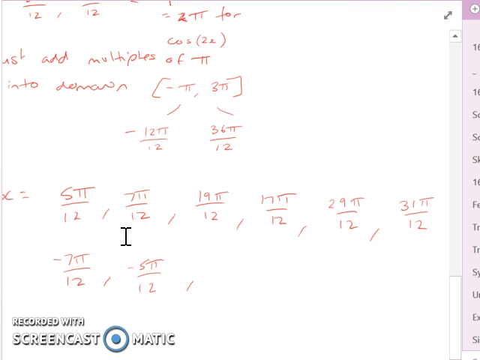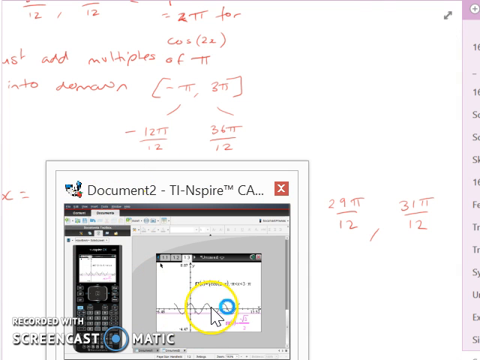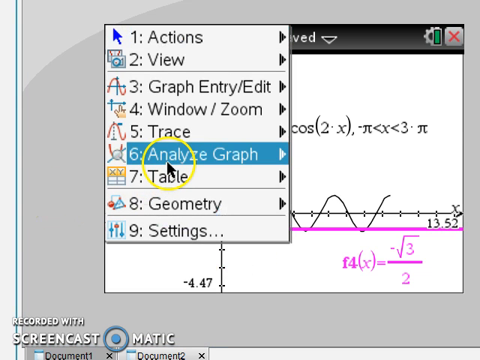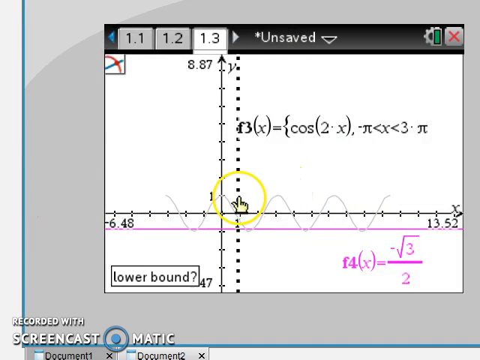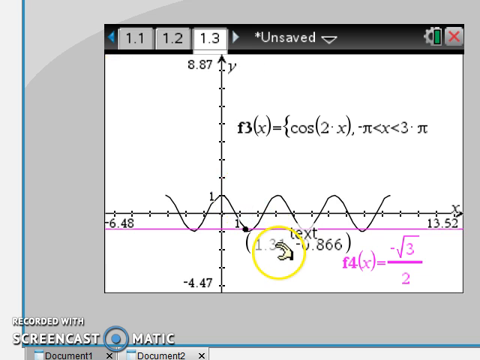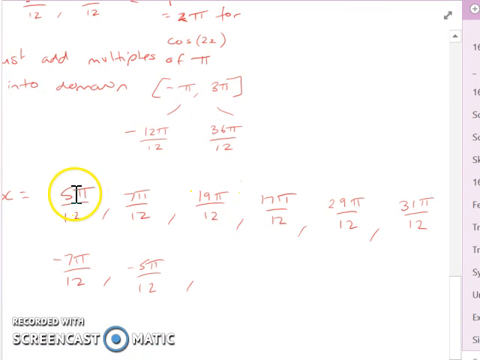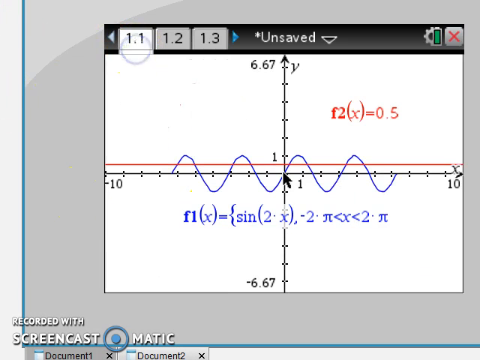Okay? Why do we get the 17 pi on 12? The 17 pi on 12 would be the 5 pi on 12 value plus 12 pi on 12, so plus the period. Because if you just zoom in on the first two solutions that you get, that one there should be 5 pi on 12.